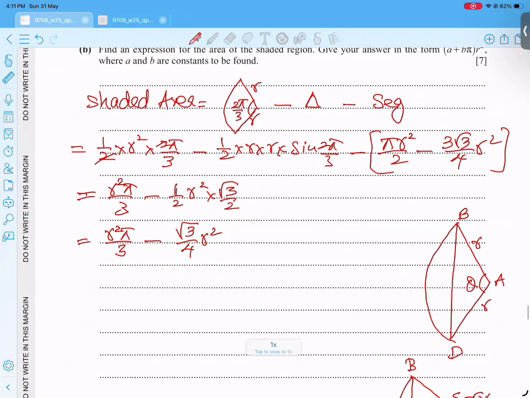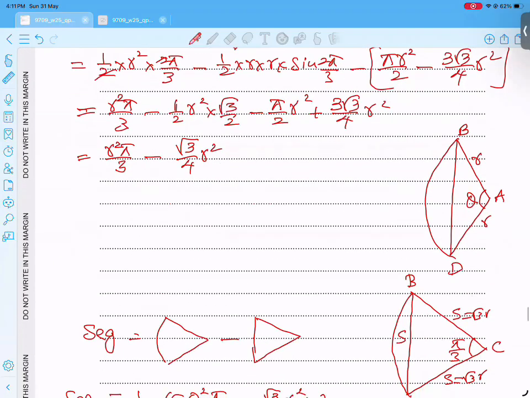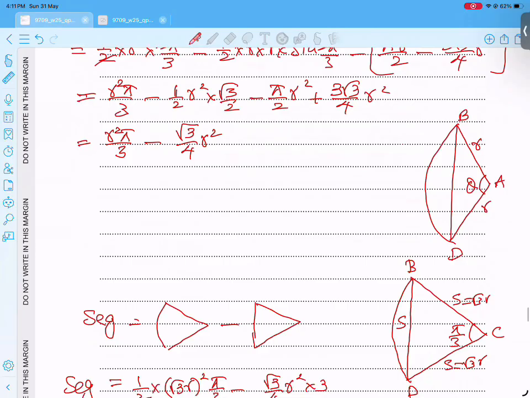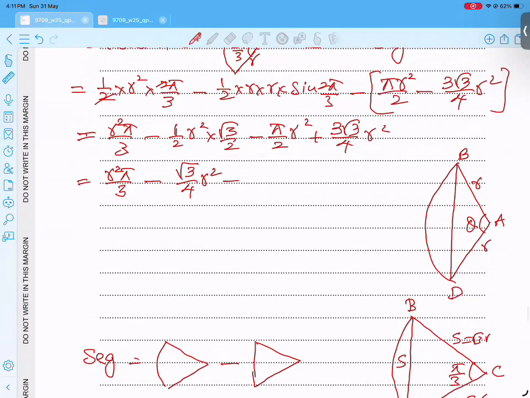So I'm going to complete now here. Minus pi over 2 r square and positive 3 root 3 over 4 r square. Again, I'm writing as it is here, minus 1 over 2 pi r square, 3 root 3 over 4 r square.